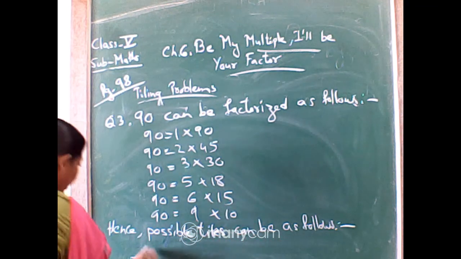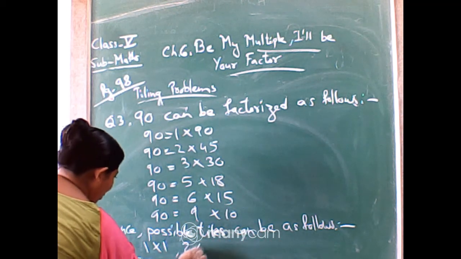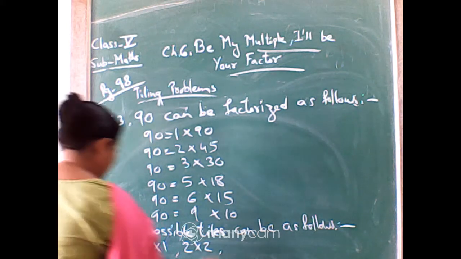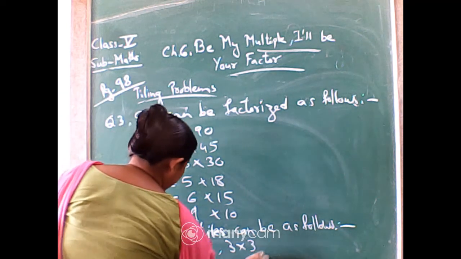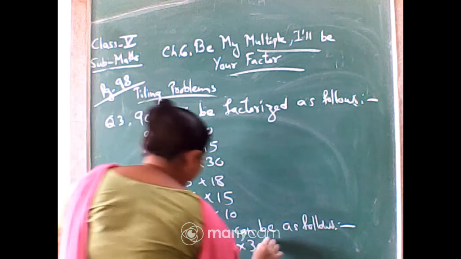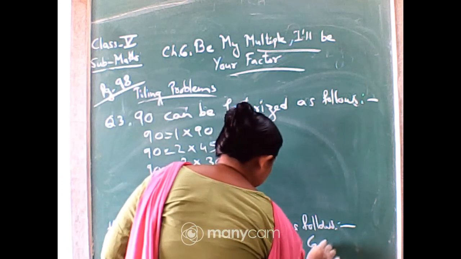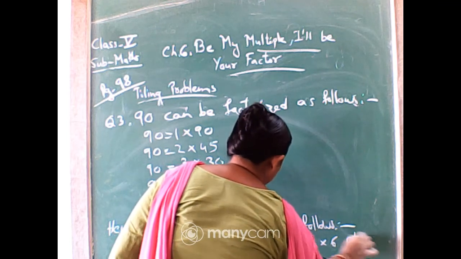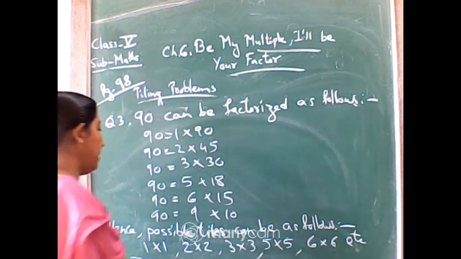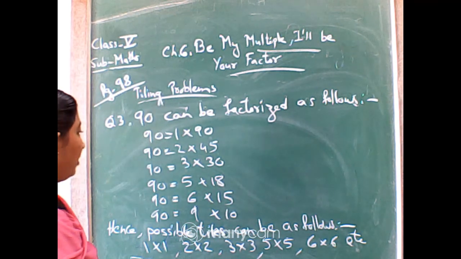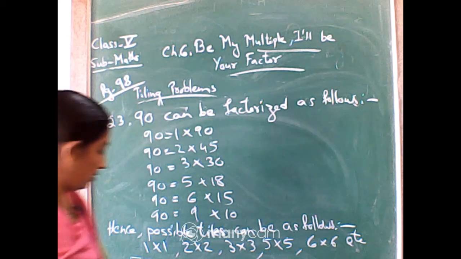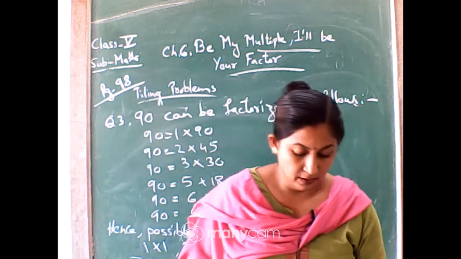It can be 1 into 1, 2 into 2, 3 into 3, that means 3 feet into 3 feet. I am not writing feet. 5 into 5 and 6 into 6, etcetera, like this. 9 into 9, like this it will go on. Okay. So this way you will write this question number 3.